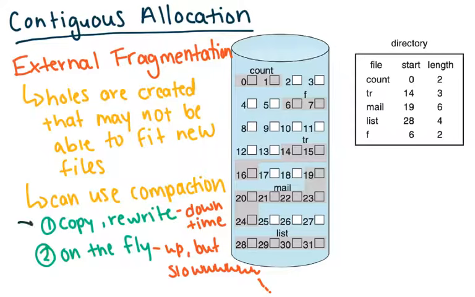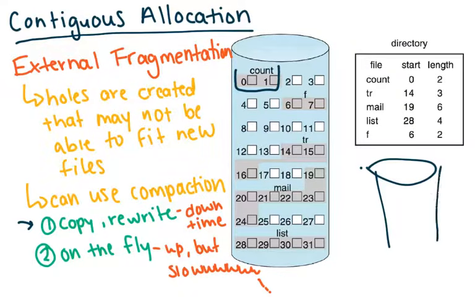The first way is you can literally copy all the files that are being used over to another part of your storage, and then rewrite it into the main storage place. This usually requires downtime, so your system actually has to be down for this to work. So that's a trade-off. You can also do this on the fly, but your computer will be incredibly slow.